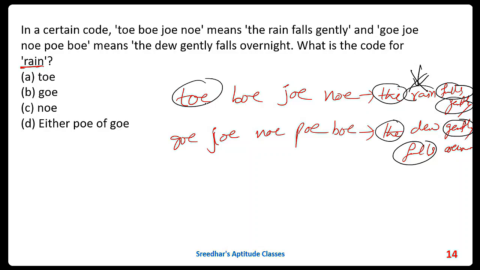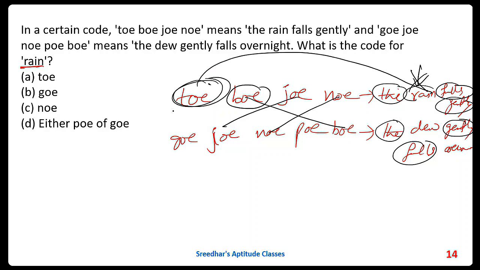Toy here is not common, but boy is common in both, joy is common in both, noi is also common in both. So the one which is not common is toy. So rain is toy. Option A is the answer. Easy one, right? The uncommon word is rain, the uncommon code is toy. So answer option A.